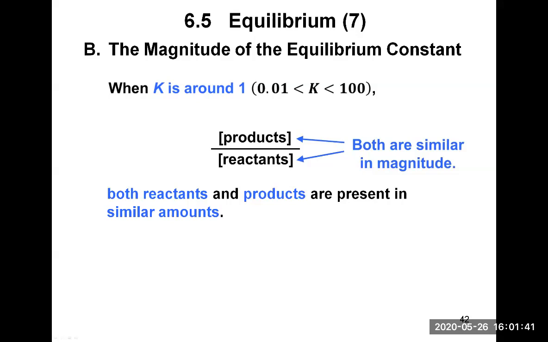So the concentration of the product is similar in magnitude to the concentration of the reactant. They are both present in a similar amount when you have reached equilibrium. It's like a real equilibrium where you have both reactant and product in similar amounts, because you cannot neglect the concentration of reactant versus product or vice versa.